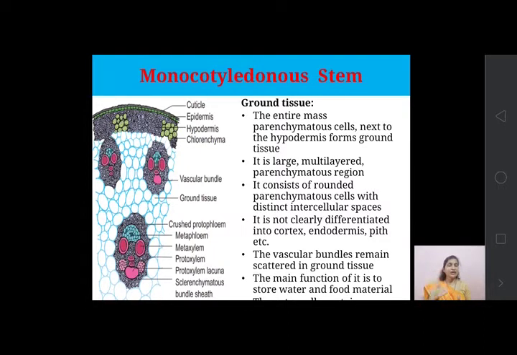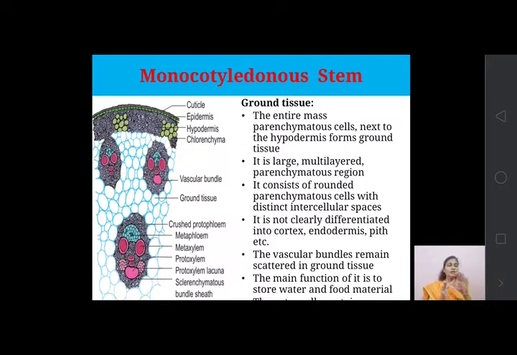Here the intercellular spaces are present, because this ground tissue is already protected by the hypodermis, epidermis and cuticle. So these parenchymatous tissues are wholly protected by these tissues.